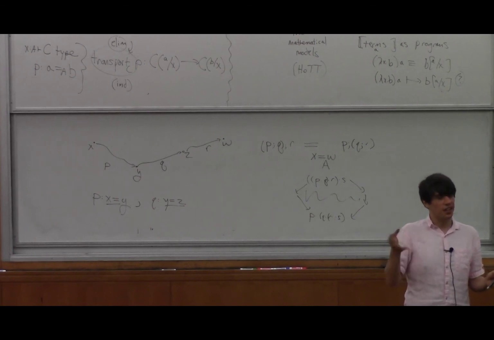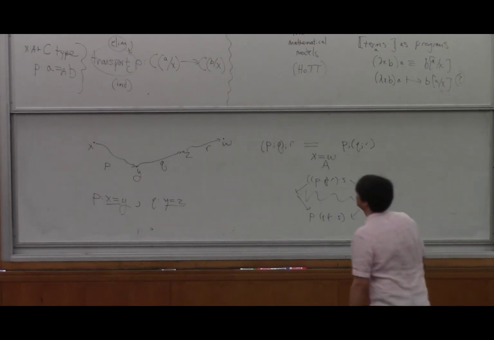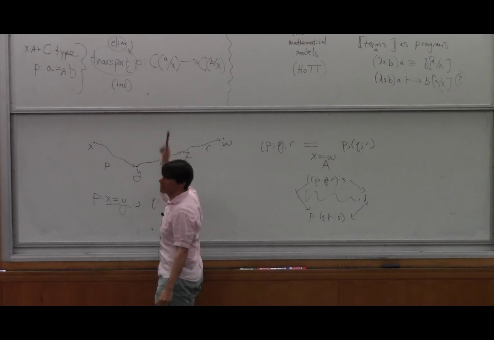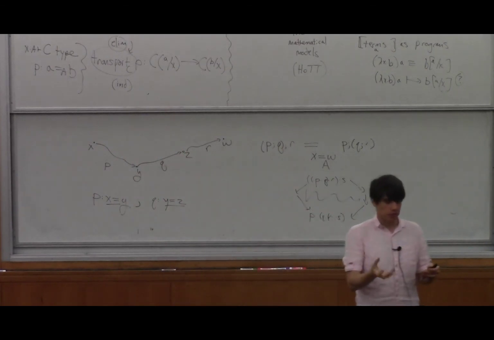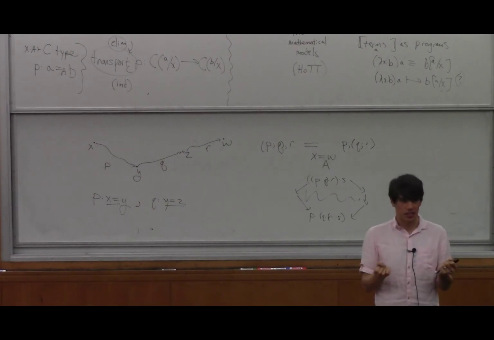And all of that all the way up turns out to follow just from this one axiom. Okay? So there's a very simple rule that generates a whole lot of structure.